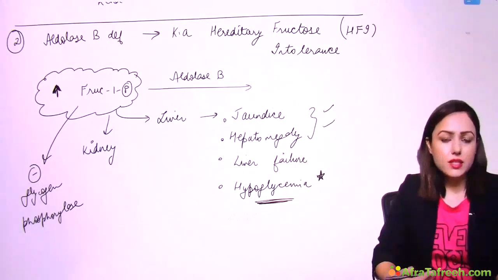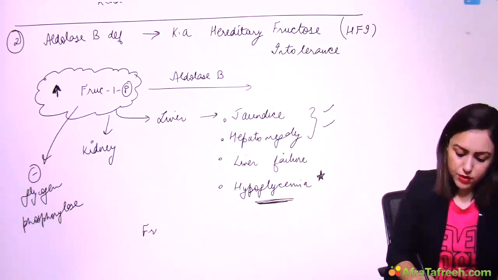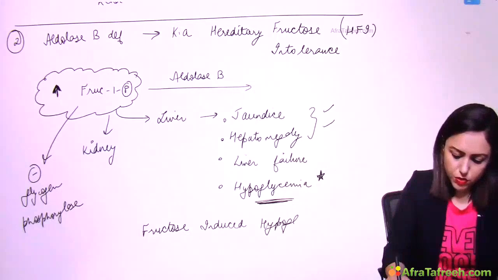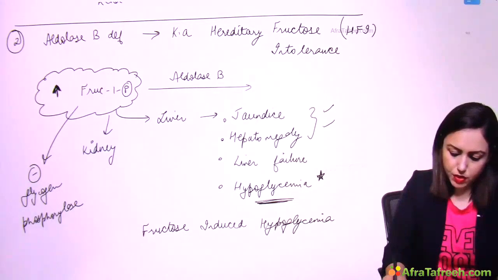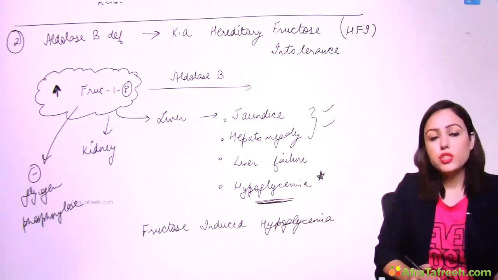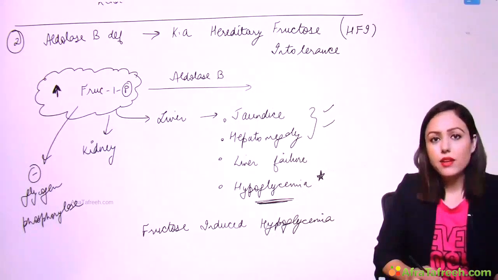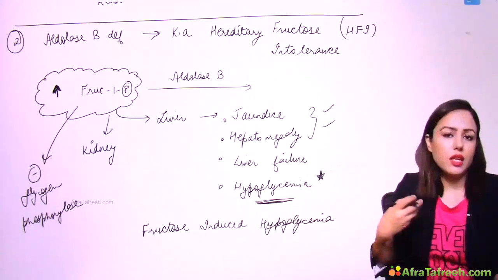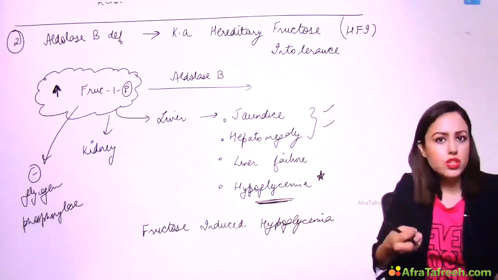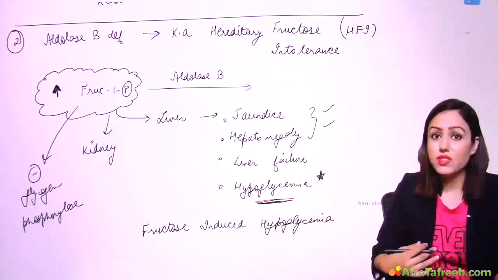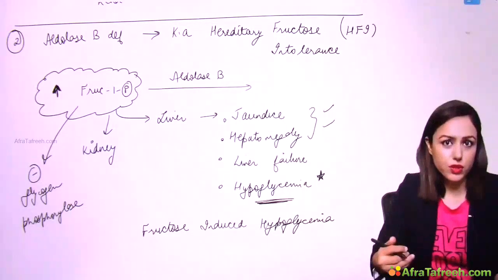And this is specially known as fructose induced hypoglycemia, right? These patients have aversion to sweet foods, and we cannot prescribe any medicinal syrups to these patients, like paracetamol syrup or antibiotic syrups, because they have fructose in them.